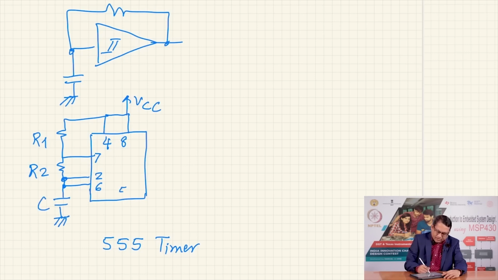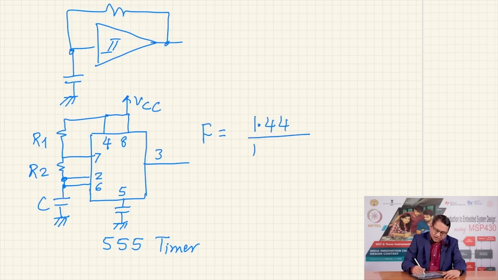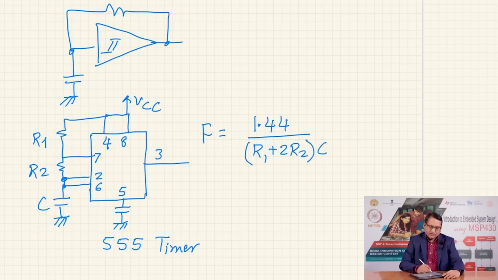You have pin number 5 which you decouple with a capacitor, and on pin number 3 you get the output voltage. The frequency of such a topology is 1.44 divided by (R1 plus 2R2) times C, and you can tailor the values of the resistances and the capacitors to get your required frequency.